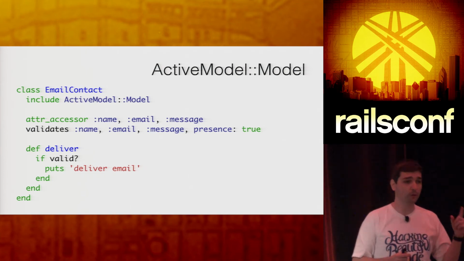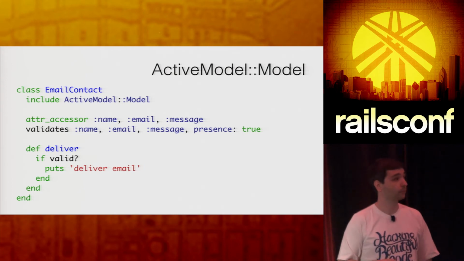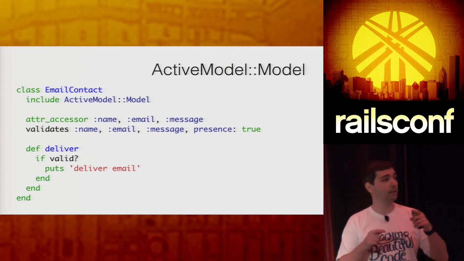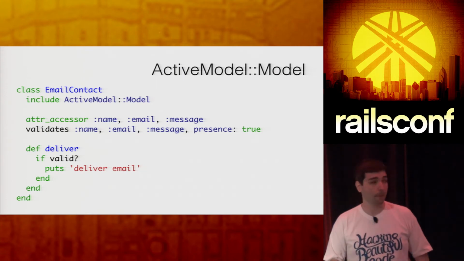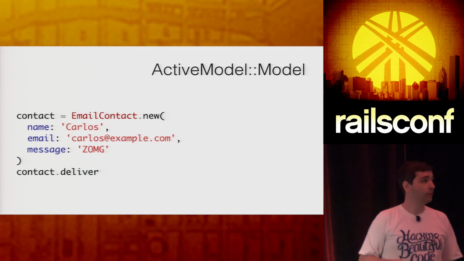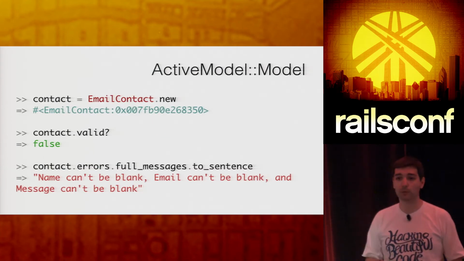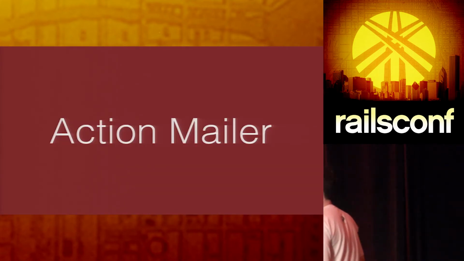And you can refactor your code to use the validations that are built in, included in ActiveModel::Model. So you can just call valid? and use validates on name, email, message there. Right? Well, you can initialize, call deliver, and you'll be happy, you have errors and all the normal stuff, right? Let's talk a little bit about Action Mailer.